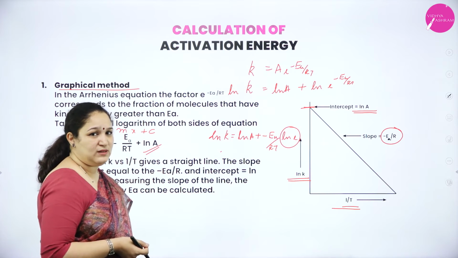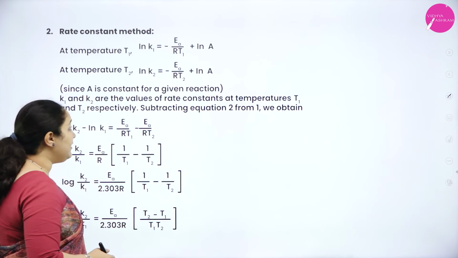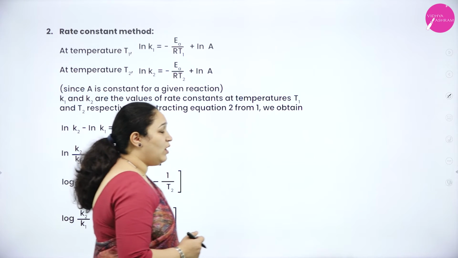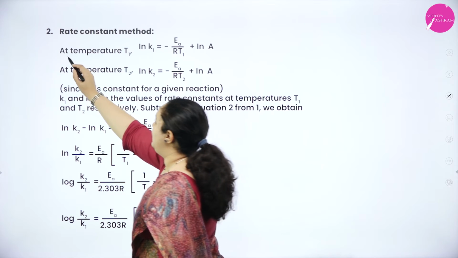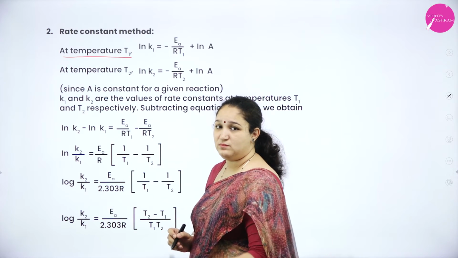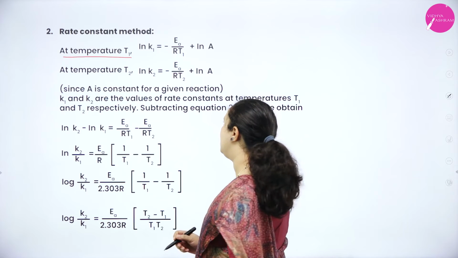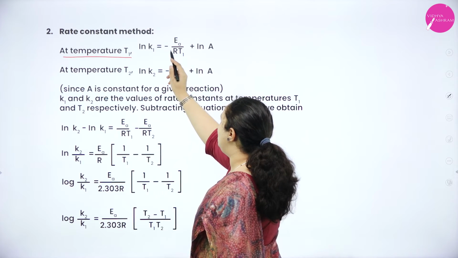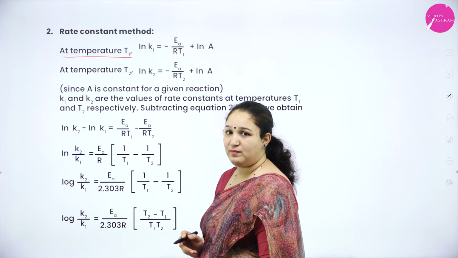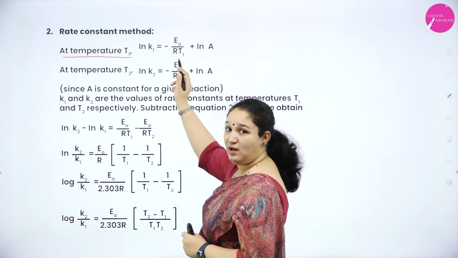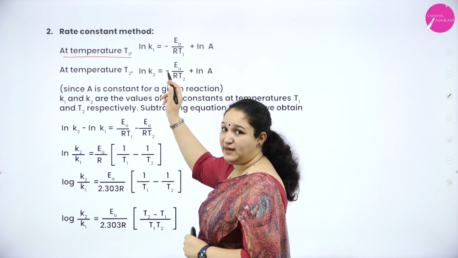So there is one more method called the rate constant method. So now what is this rate constant method? See, we are taking a temperature T1, that is one particular temperature. ln K1 is equal to minus EA by RT1 plus ln A. How we got this? I explained you in the previous slide, isn't it?